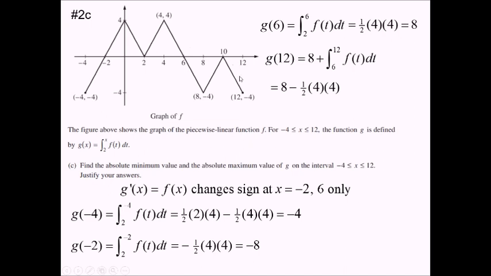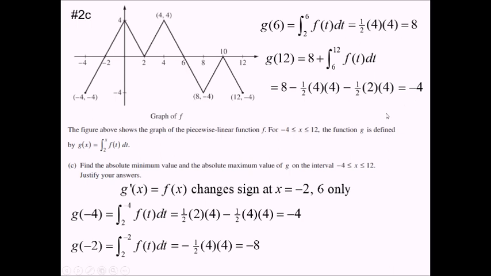And we have another negative triangle here. This is going to be -1/2 base of 2 times a height of 4. So we've basically got 8 minus 8, so that cancels. And then the rest of this just comes out to -4. All right, so comparing these, we have -4, -8, +8, and -4.